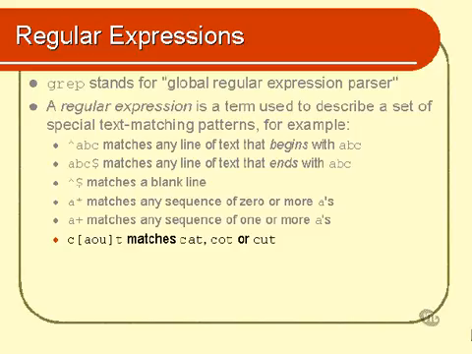So C followed by square brackets followed by T matches C and then any single character from within the square brackets and the T. So C [AOU] T matches cat, cot or cut, but nothing else. It will not match CAOT or COUT because it's only trying to match one character.